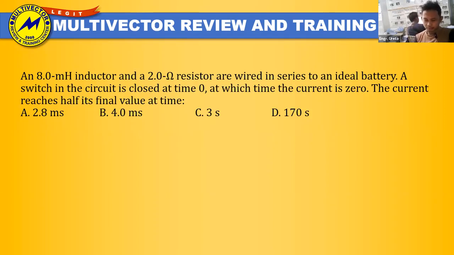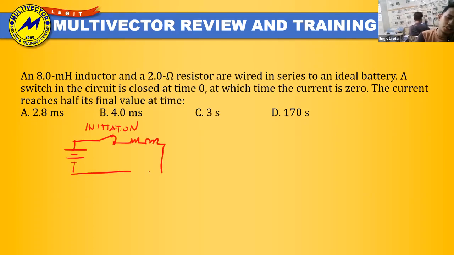So dito, direct formula, kapag initiation circuit, drawing na rin natin. So meron tayong circuit and kinonect natin siya. Initiation circuit ang tawag, no? So from the originally unenergized circuit, kinonect natin.